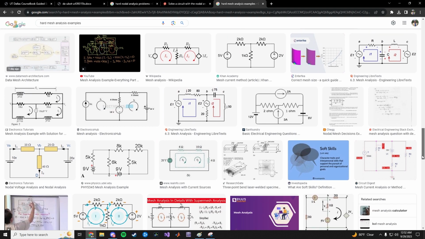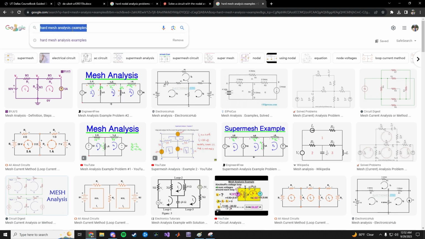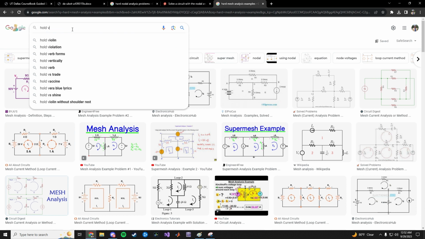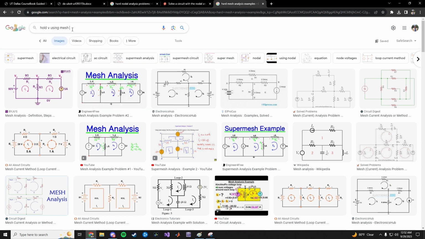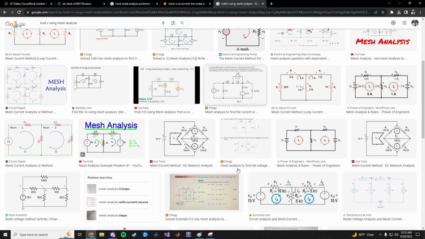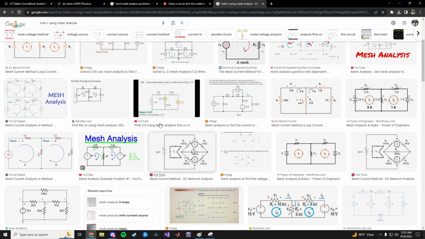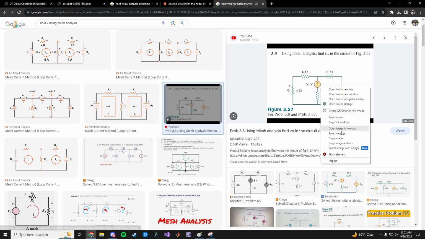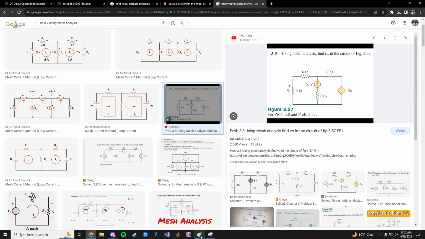Not really seeing too many complicated. Usually these get some good ones. Alright, let's see. No. Actually, yeah, let's do this one. Let's just do this one to get some dependent source action.